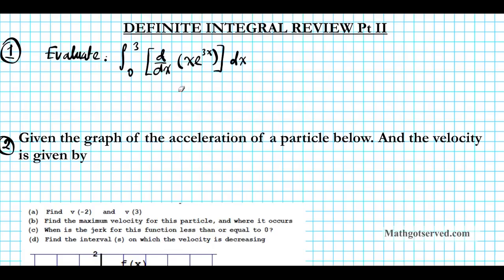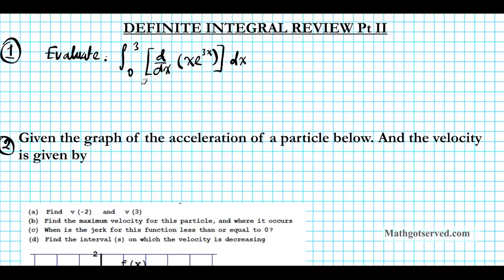Okay? Alright, so let's go ahead and evaluate this. If you're evaluating a definite integral, what do you do first? First thing you do is you take the antiderivative of the integrand, and then you evaluate it at the limits of integration.